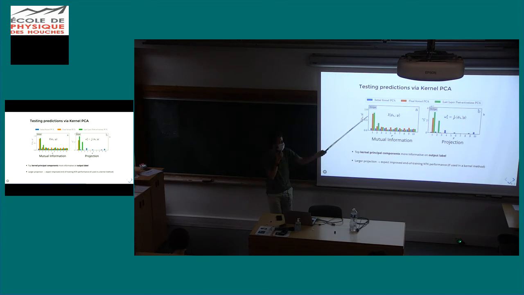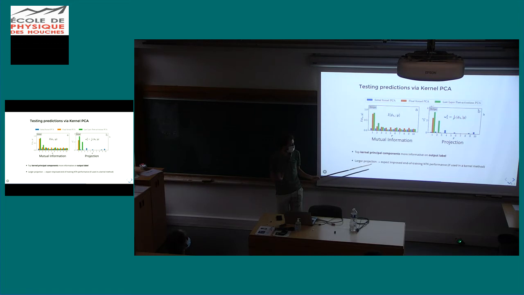Whereas if you look at the orange bars, which correspond to the NTK at the end of training, we see that, especially for the top eigenvector, the shared information is very large, and also the projection is very large. So these are the two things we observe and verify as we expected.